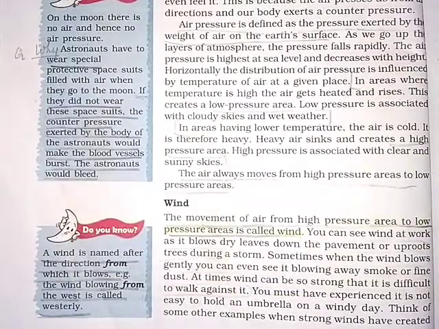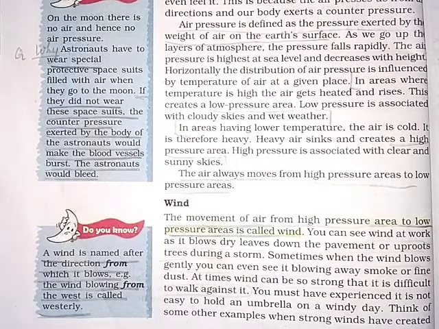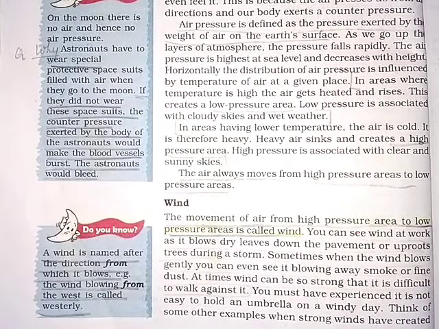Wind. The movement of air from high pressure area to low pressure areas is called wind. You can see wind at work as it blows dry leaves down the pavement or uproot trees during a storm. Sometimes when the wind blows gently, you can even see it blowing away smoke or fine dust.